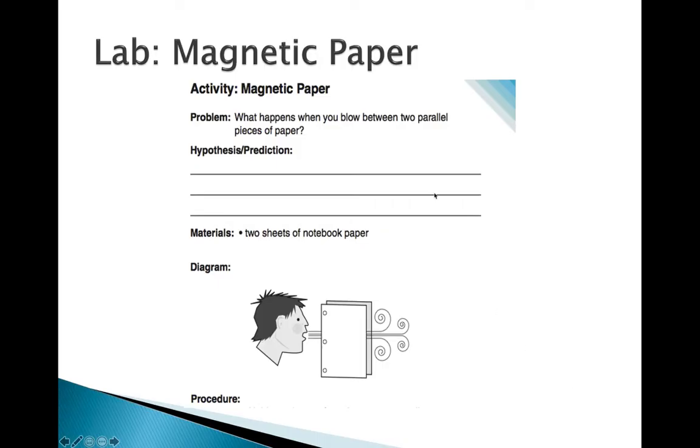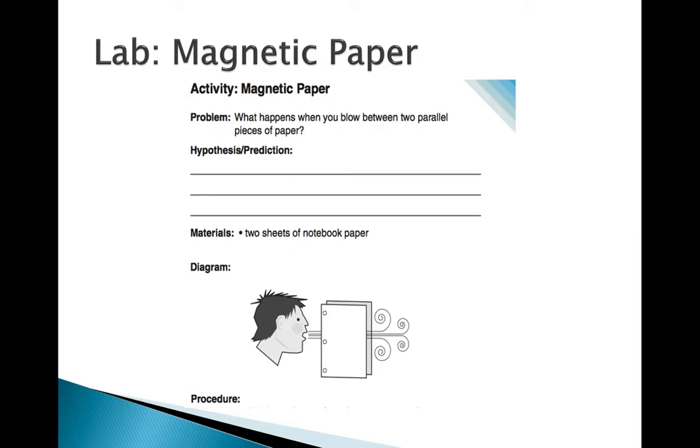All right, so what happens when you blow between 2 parallel pieces of paper? Okay, like this dude's doing down here. What's gonna happen? So you have to make a prediction. And then why? Okay, why do you think that is happening?